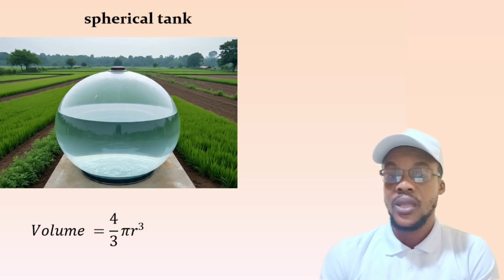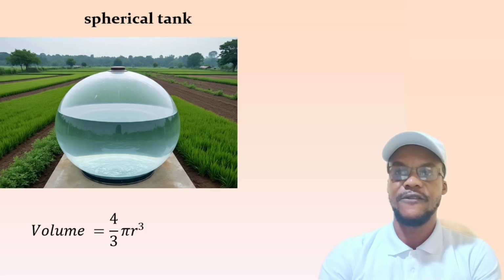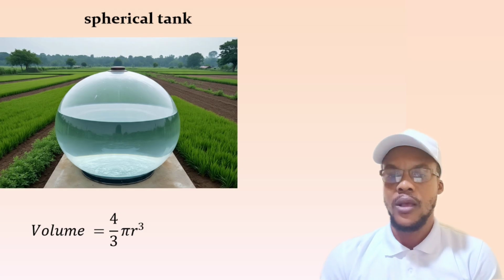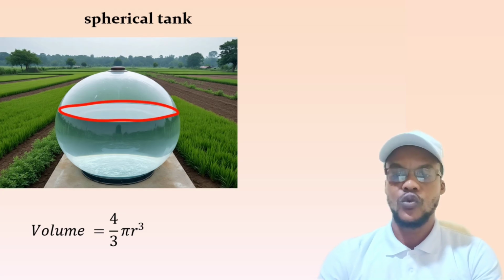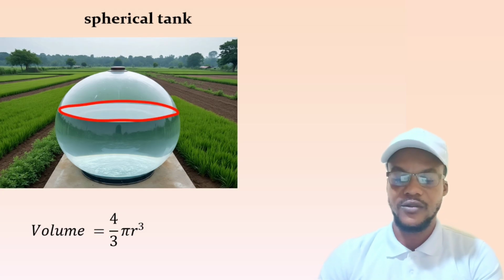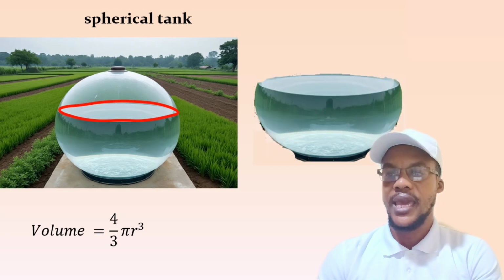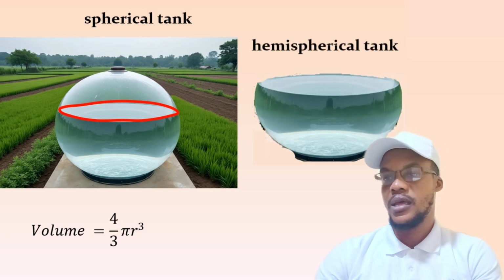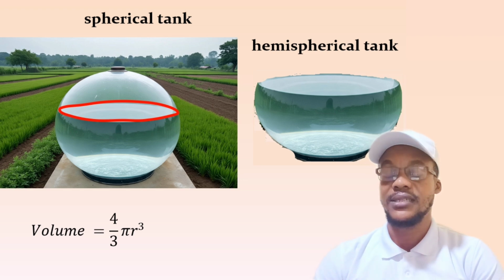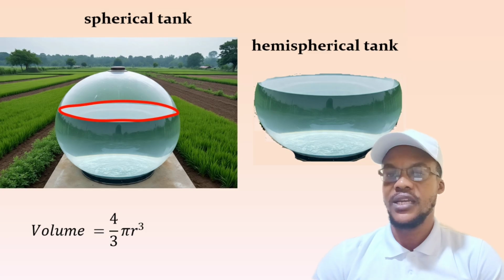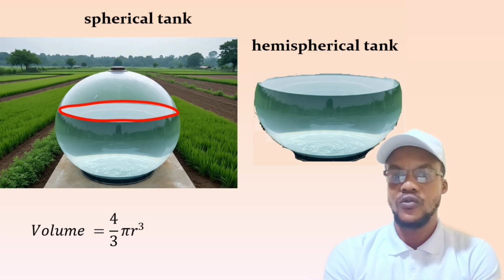So this contractor, instead of building a sphere, decided to build a hemisphere, which is half of it. This is the hemispherical tank that the contractor decided to build for the irrigation of the farm.